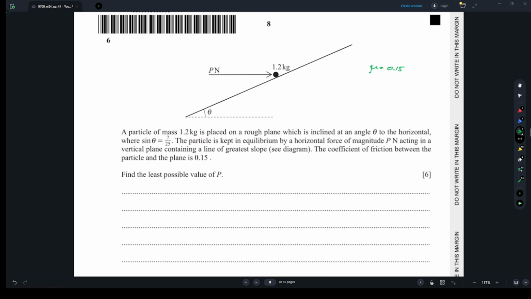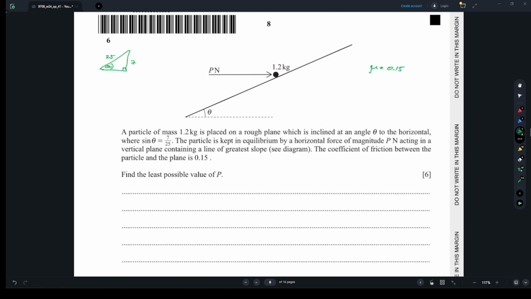And also let's take this one. So this is theta. So they gave us sine theta. Sine theta is 7/25. So that means opposite over hypotenuse, right? So opposite is 7 and the hypotenuse is 25.